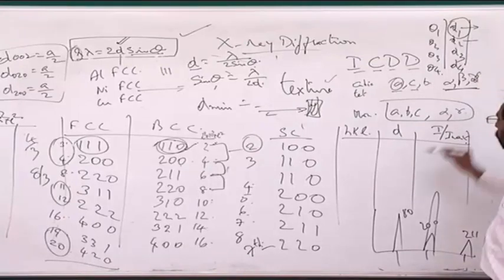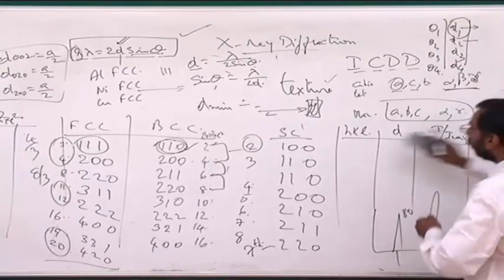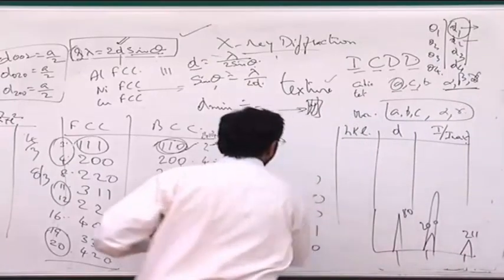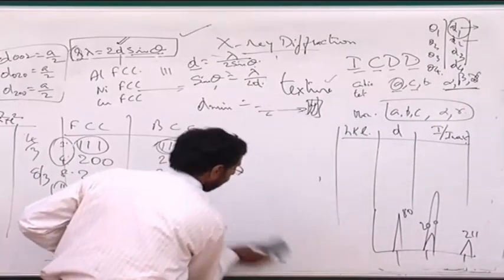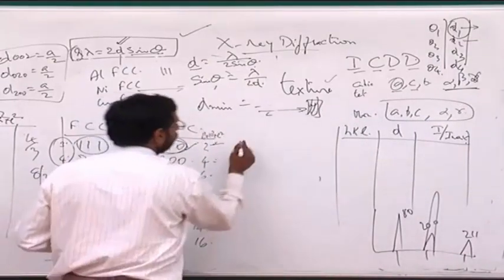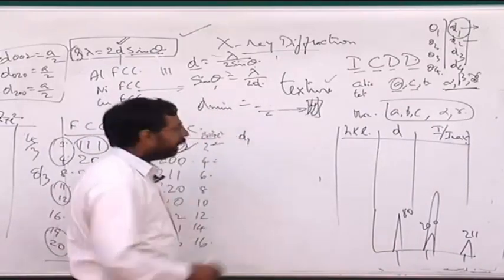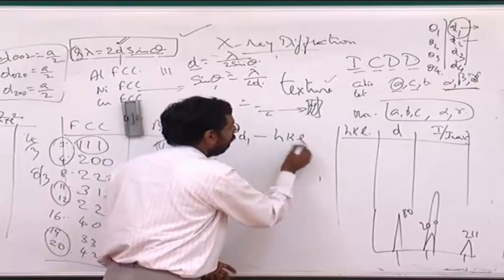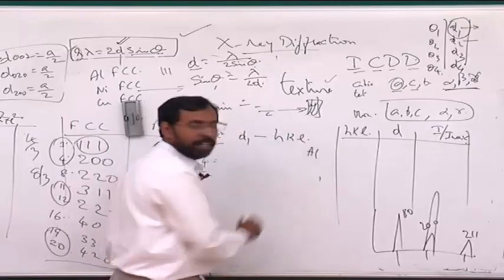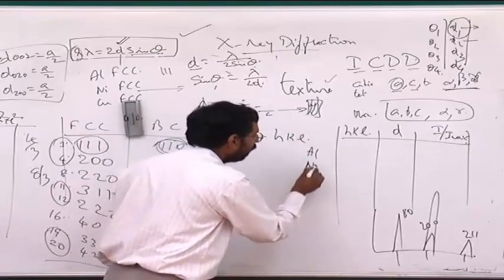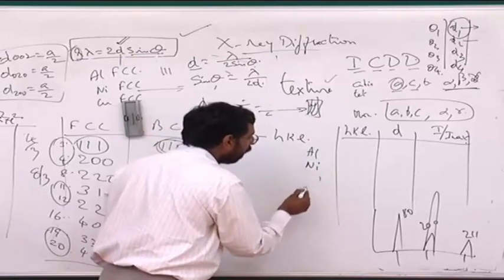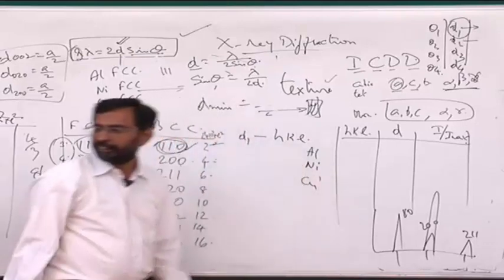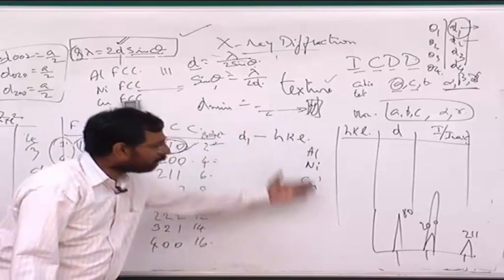If, for example, I take my sample and find out the D1 of my sample, and D1 of my sample is matching with some HKL of, let us say, aluminum. It is also matching with some HKL of nickel. It is also matching with some HKL of copper or whatever it is. Now how do I know which one is this?